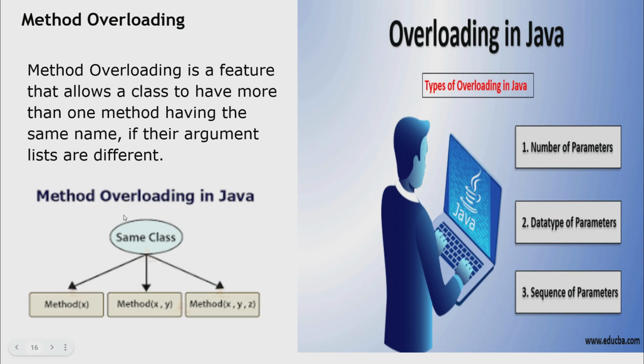See here, I have the class with more than one method of the same name, but their argument lists vary. Based on the argument list, we can define different types of overloading. The types of overloading in Java are based on the difference in number of parameters, data type of parameters, and sequence of parameters.